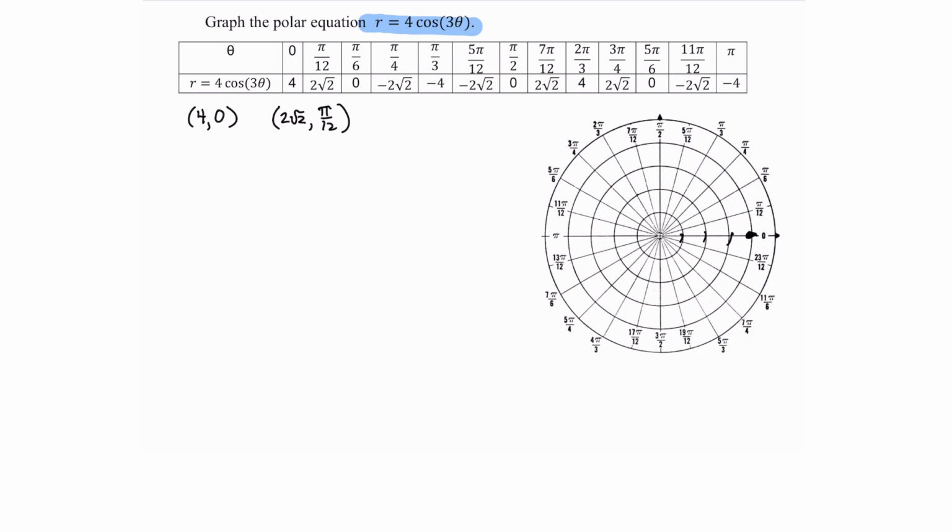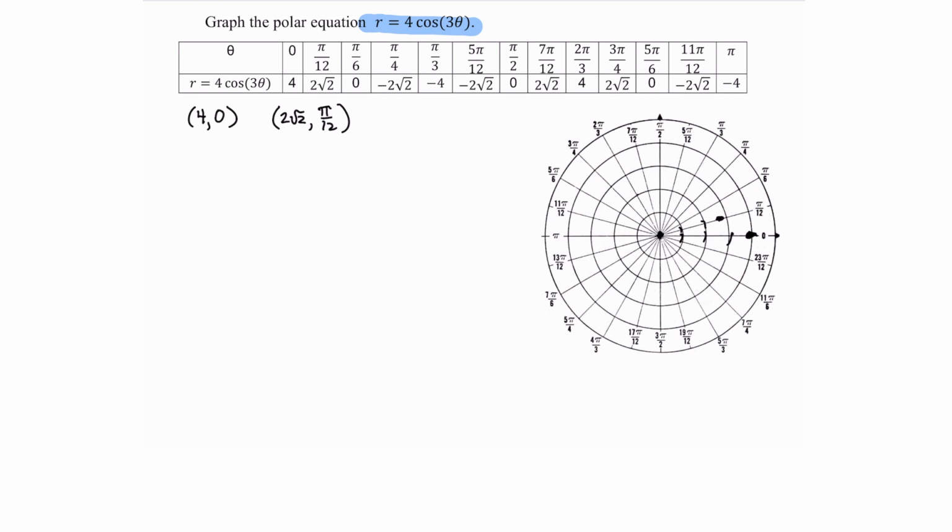So along that pi over 12, we're going to go 1, 2, and just shy of 3. So right about there. Now the next one is 0 comma pi over 6. So I'm going to face the pi over 6, but I'm not going to walk forward off of that. So that's really at the origin, at the pole.